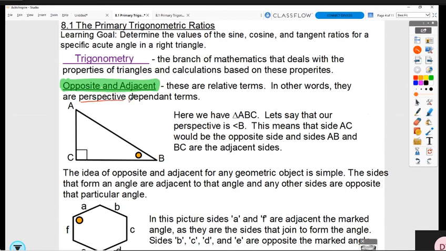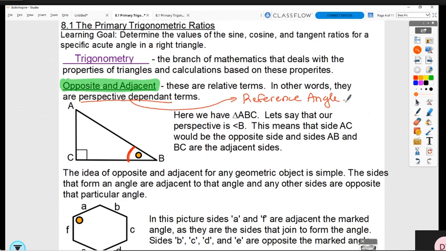It says here we have triangle ABC. Now let's just pretend that our perspective is going to be from angle B. So I'm going to draw in this little line here to remind myself, okay, angle B is my perspective, or really what I like to call it, reference angle.